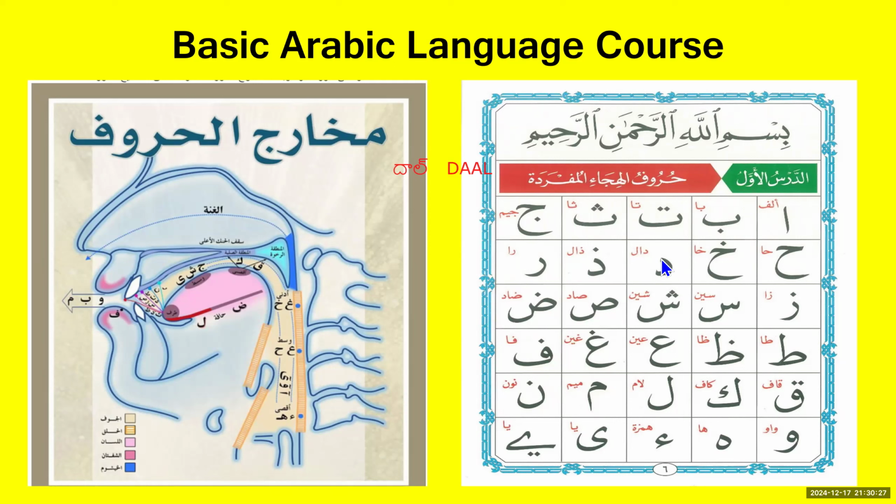The shape comes like a curve. The similar shape letter is zal. For pronouncing zal, the tip of the tongue must touch the bottom of the front top teeth. This is the point where we have to touch. From the same point we will learn another letter, tha. An easy way to pronounce these 2 letters is to take the tongue outside and touch the top teeth with it.